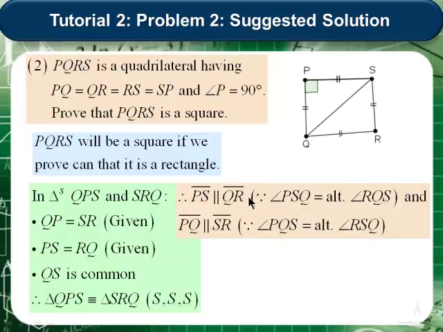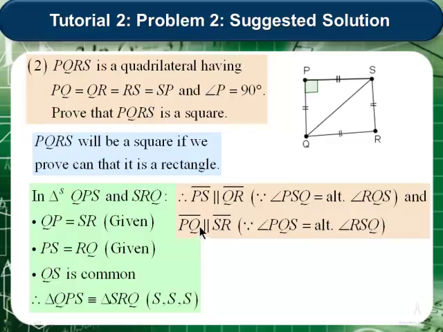So therefore we can say that line segment PS must be parallel to line segment QR, because angle PSQ is alternately equal to angle RQS from the congruency.